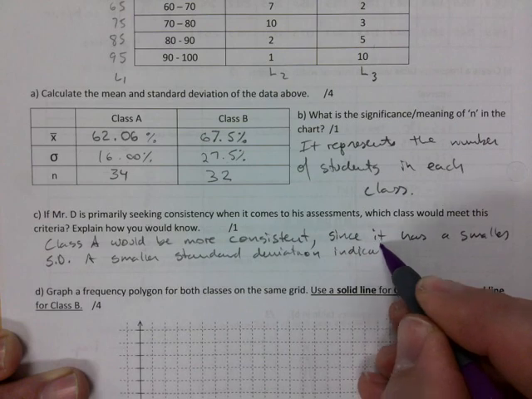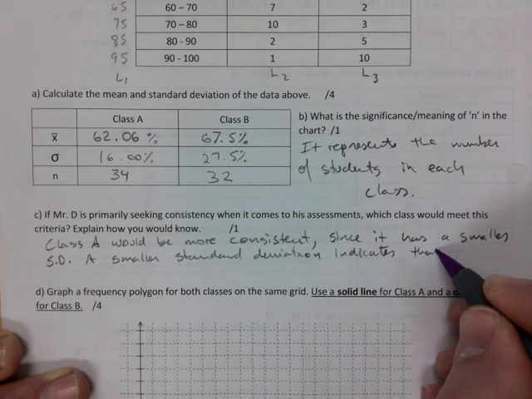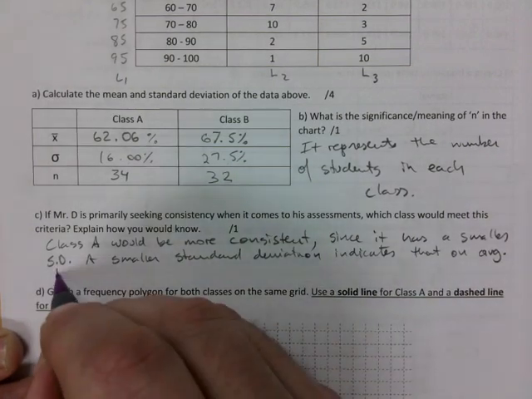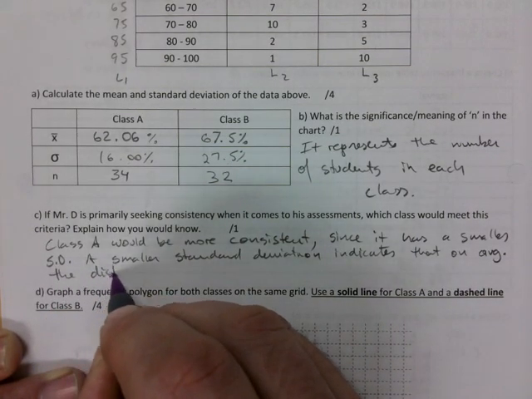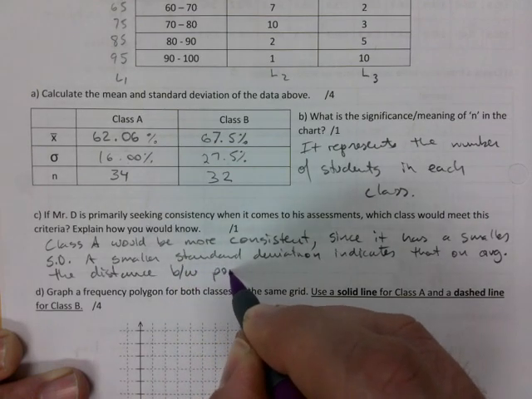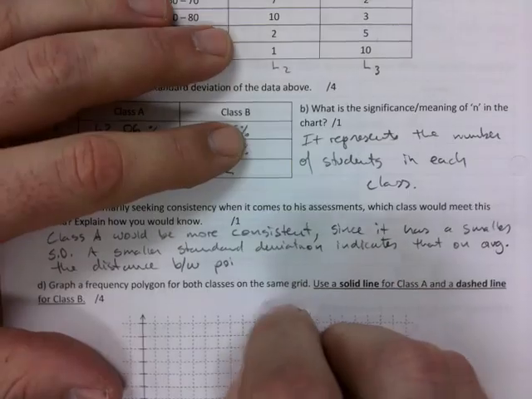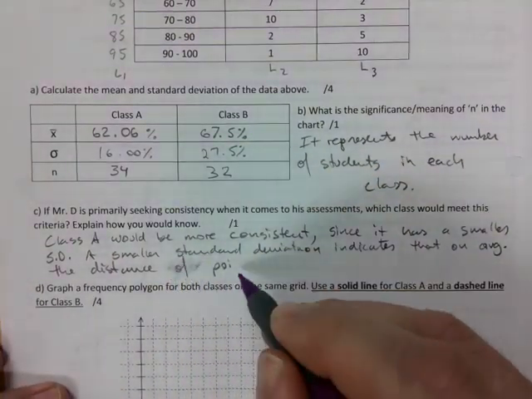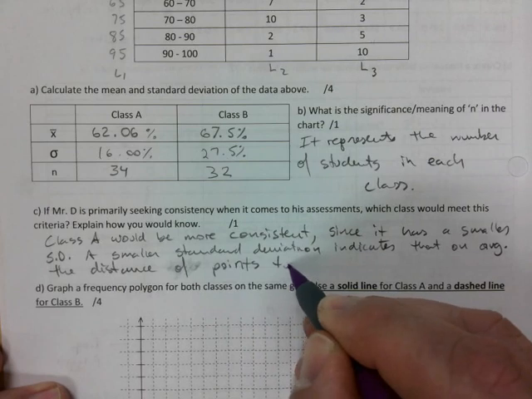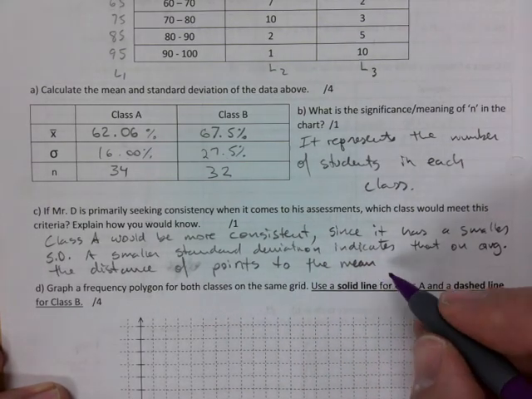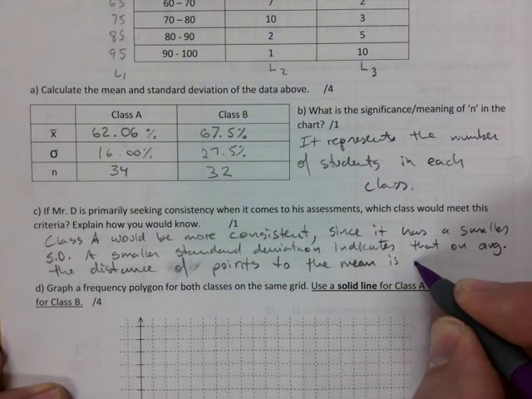indicates that on average, the distance of points to the average, to the mean, I would say, is smaller.